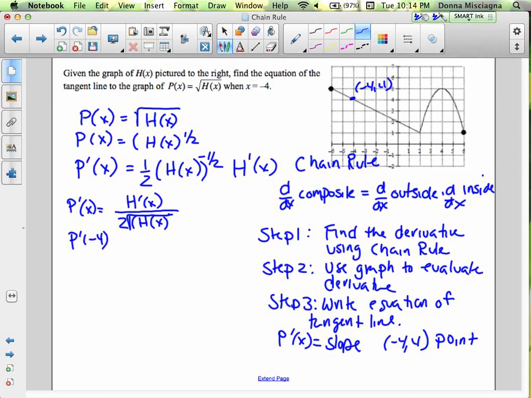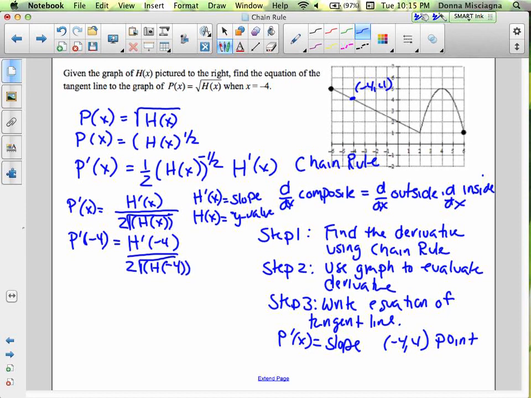Now we've got to make sure we choose the right values. If it's an h prime of x, it's slope. And if it's an h of x, it's just the y value, the value of the function. So we have p prime of -4 equals h prime of -4 divided by 2 times the square root of h of -4.